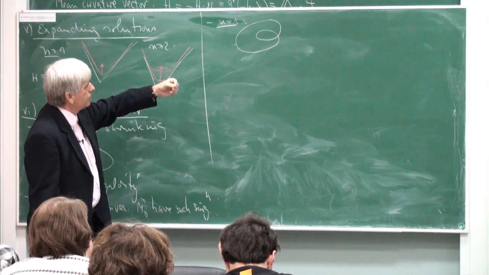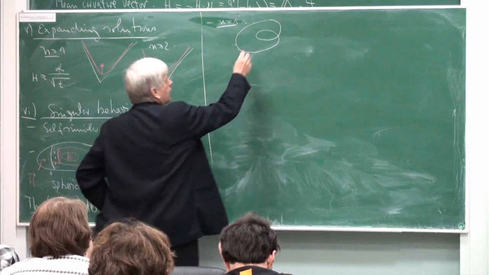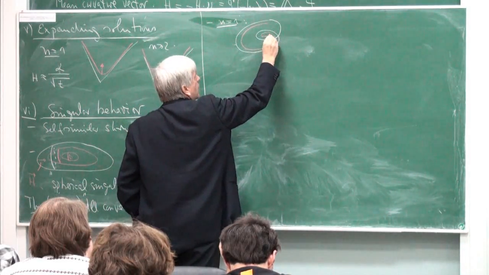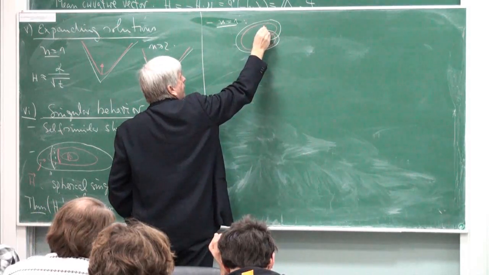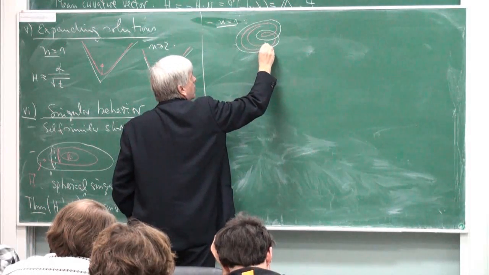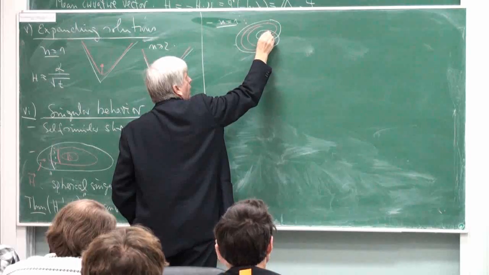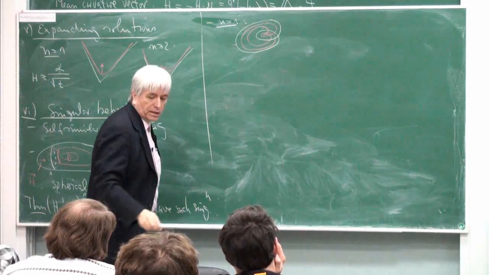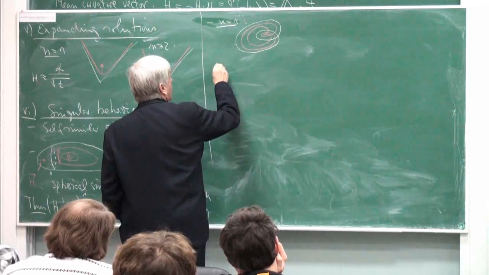So the small loop will shrink faster than the big loop. So what happens is you get something like this. And then in finite time, you get a cusp. Here, a cusp forming. You get a cusp singularity.